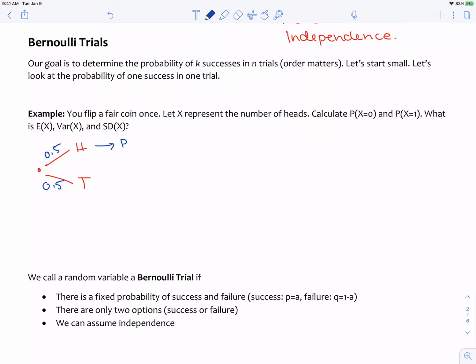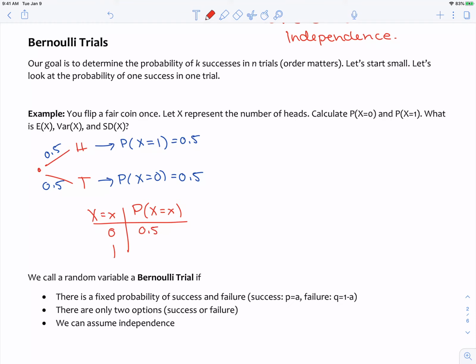That means our probability of getting a heads, so X being equal to 1, is 0.5, and the probability that X is equal to 0, so having tails, no heads, is 0.5. This allows us to create a probability distribution, knowing what the possible outcomes are and the probabilities of each of those outcomes. We could have 0 or 1 heads, and each of these has a probability of 0.5.